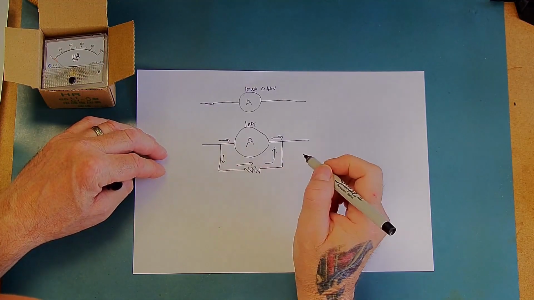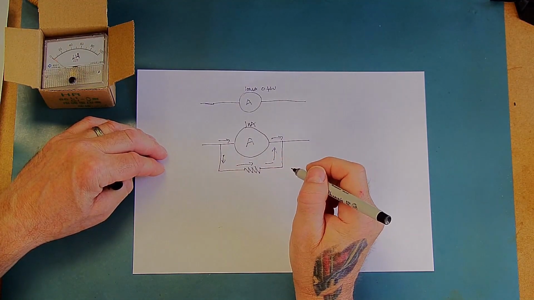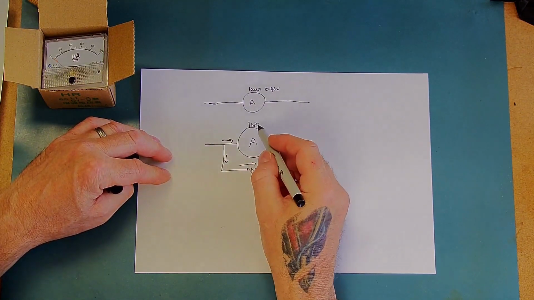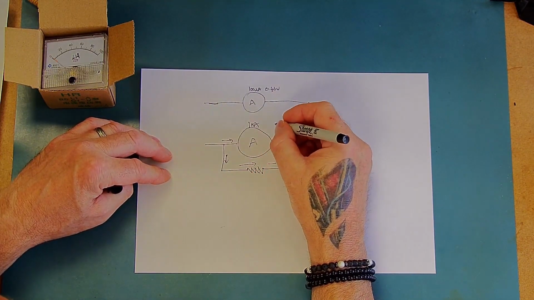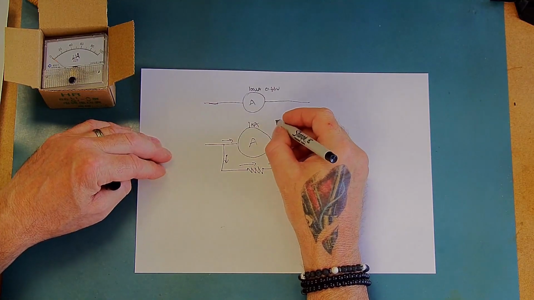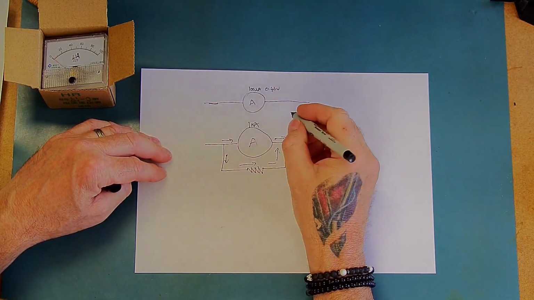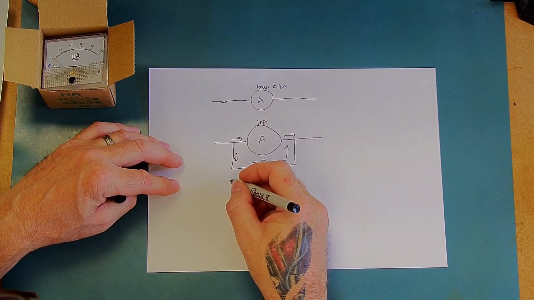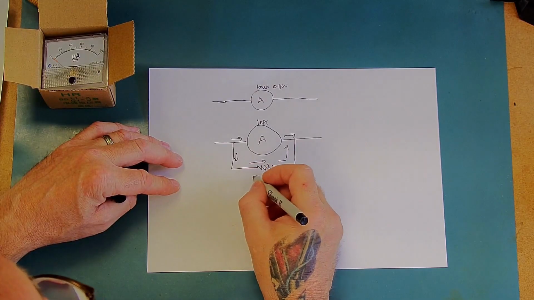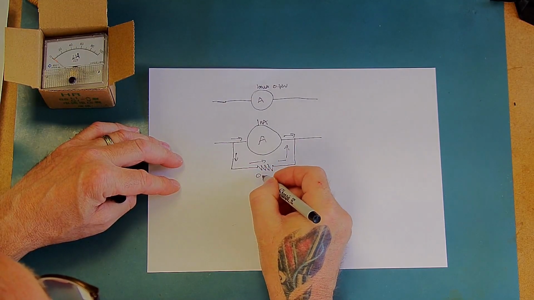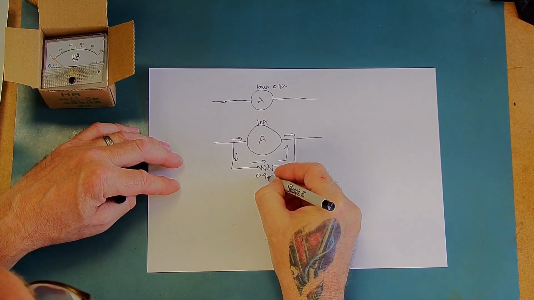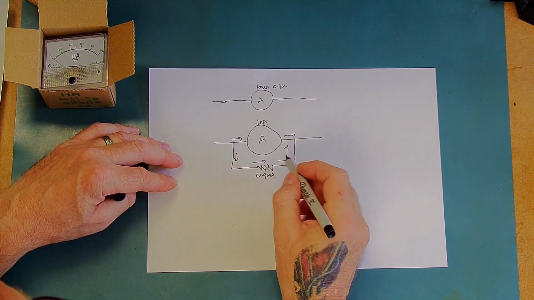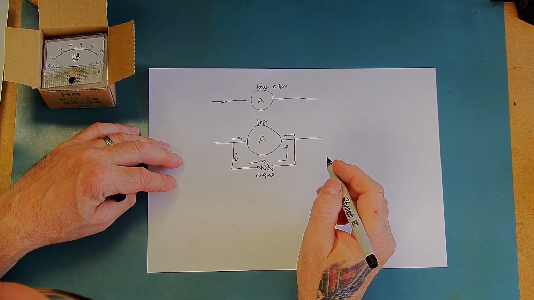So we need to calculate the value of this resistor. If we imagine in this scenario that we still want 100 microamps to actually flow through the meter, because that is the range of the meter, that means that through the resistor we want 0.9 milliamps to pass.